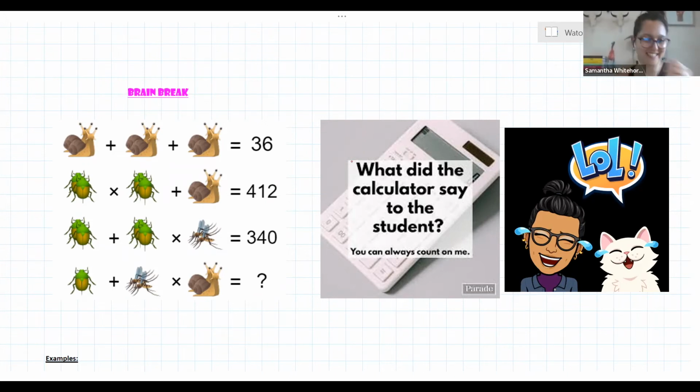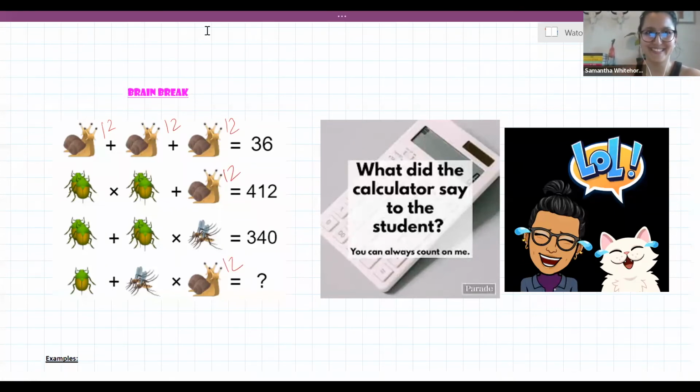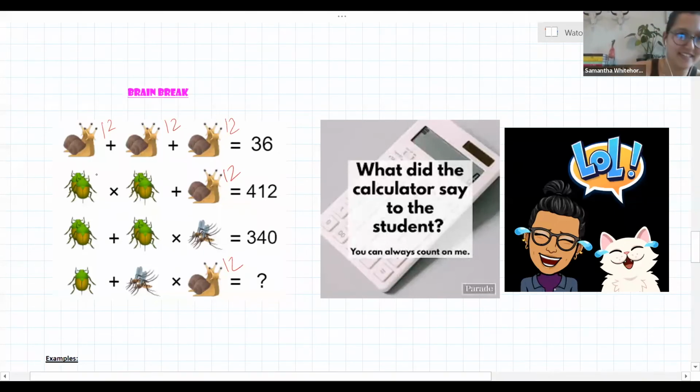Ma'am, for the final answer of 36, I divided it by 3, so I got 12 for snails. Good. Then I moved on to bugs, and I timesed the bugs by 20 plus 12, which gave me 412.